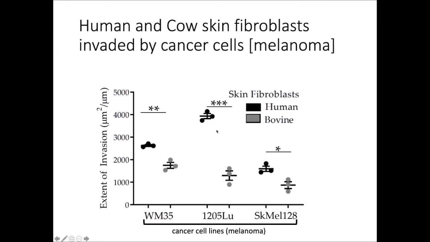The largest difference is here. This is a particularly malignant form of cancer cell line. So not only do differences in the endometrial fibroblast biology determine the degree to which placental cells can invade, the same pattern qualitatively you also see with respect to skin fibroblasts as they are facing off with cancer cells.